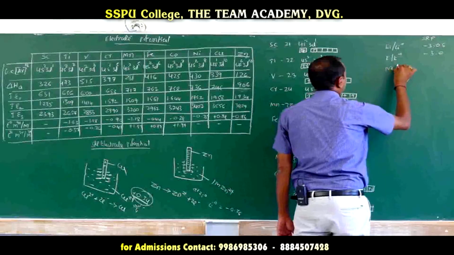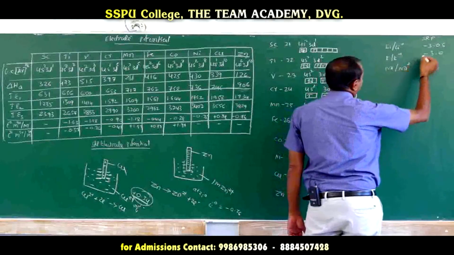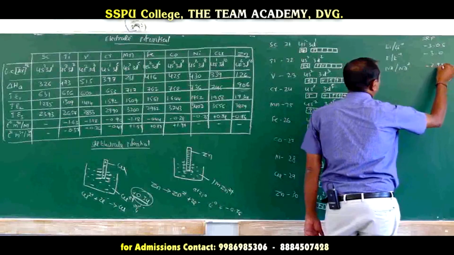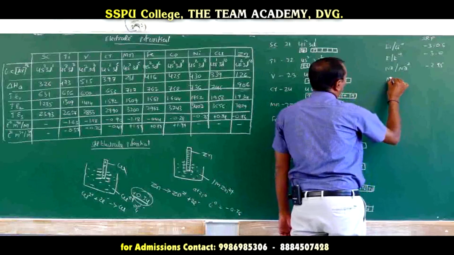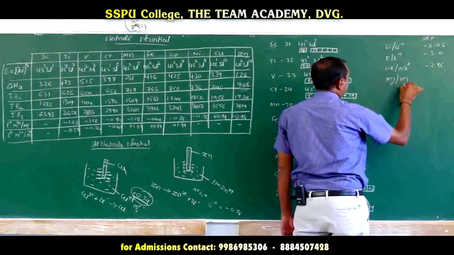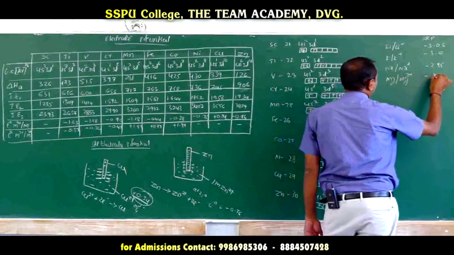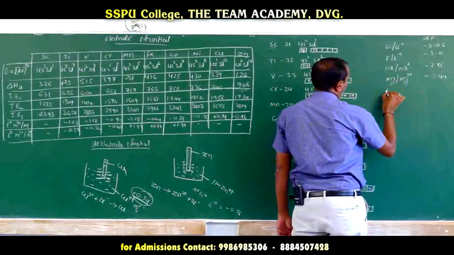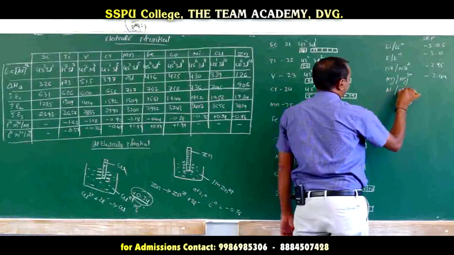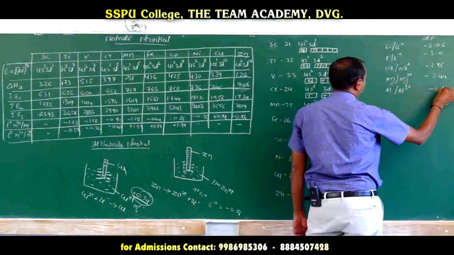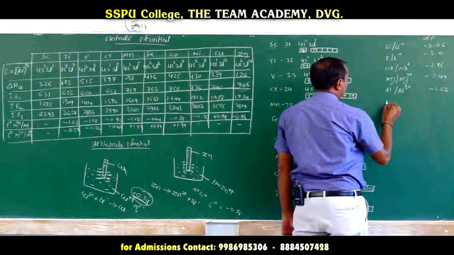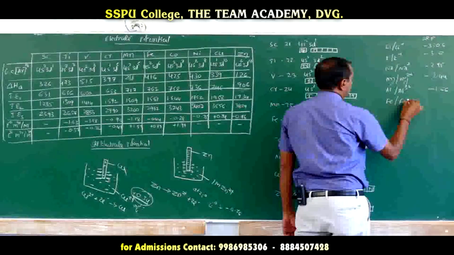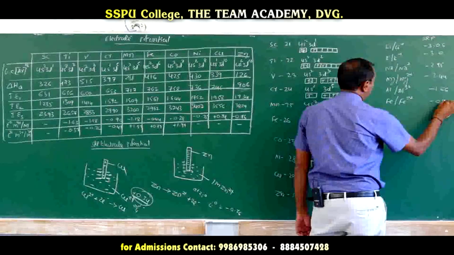Then Na|Na+ has an electrode potential of minus 2.95. For magnesium in contact with its own ion, the value is minus 2.44 volts. Then Al|Al3+ is minus 1.66. Then Fe|Fe2+ is minus 0.44.